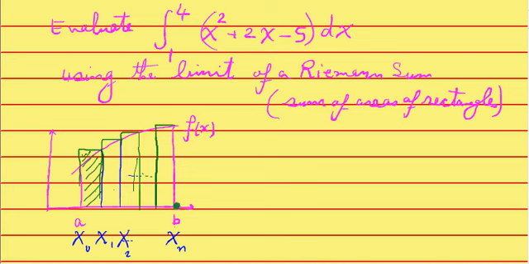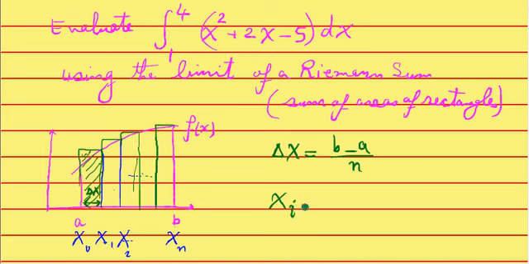So let's remind ourselves what was the story. First we had a delta x. Delta x is how thin or thick these rectangles are. Delta x is b minus a over n. Then we had our x's: x0, x1, x2, x3, and so on.